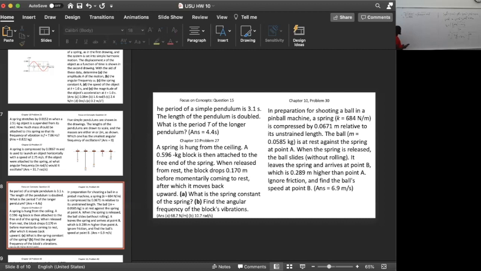684 times 0.067 squared, over 0.0585, minus 2 times 9.8 times 0.289.